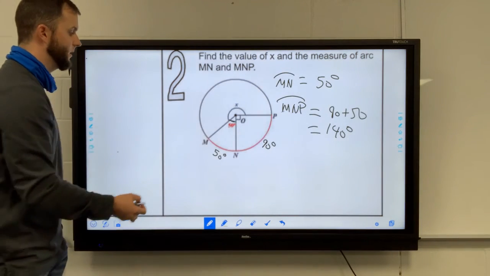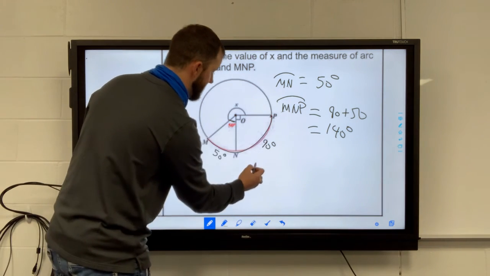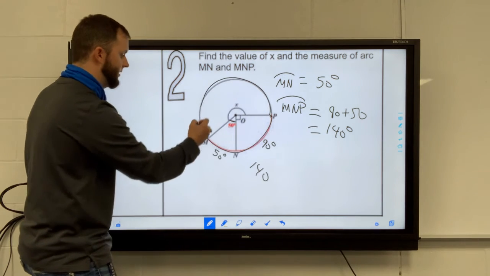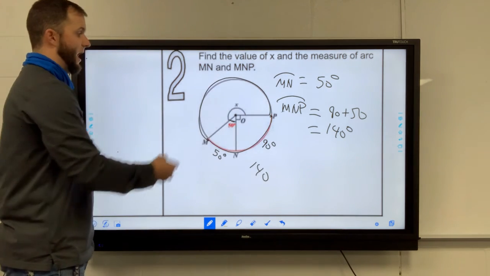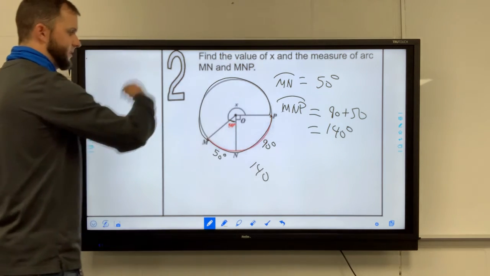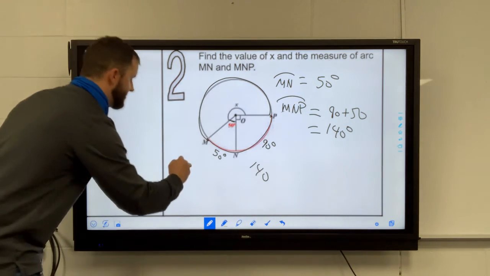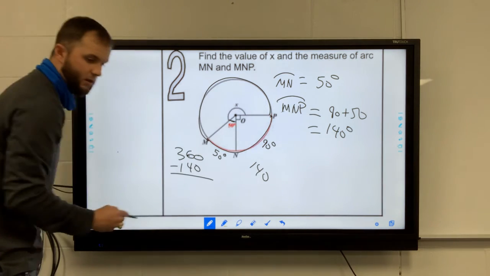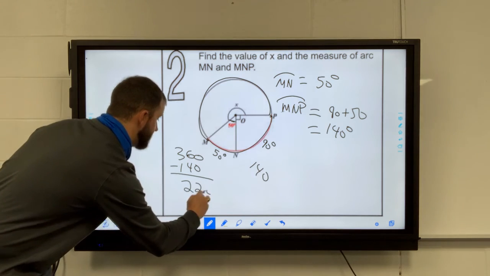So now if I look from here all the way to here is going to equal 140. So that means from here to here is going to be the rest of my circle, which is actually my central angle, okay? I know the full circle is going to be 360 degrees. So to find this arc here, I'm going to take 360 and subtract 140, which gives me 220 degrees.